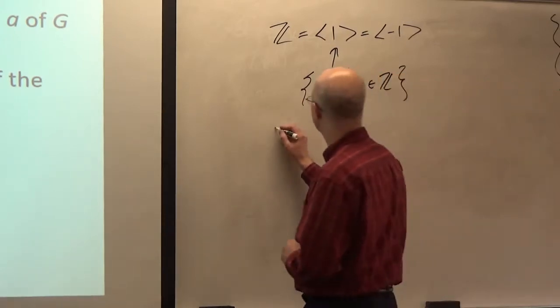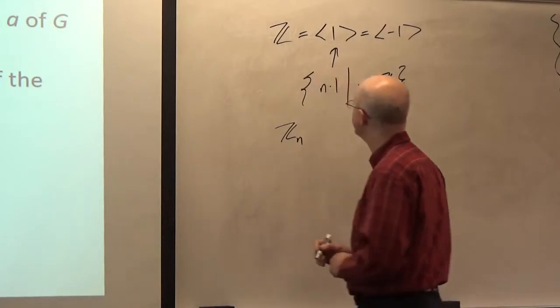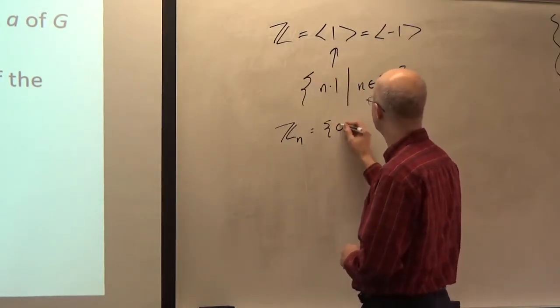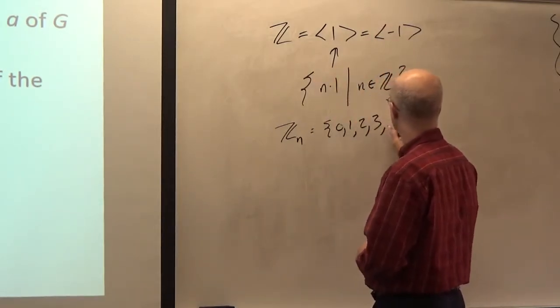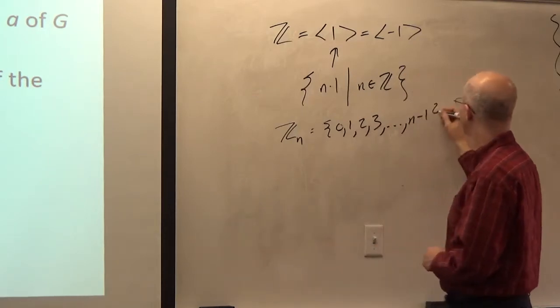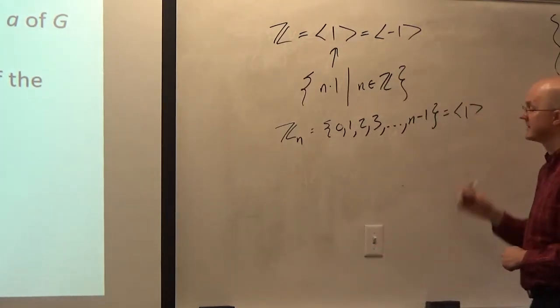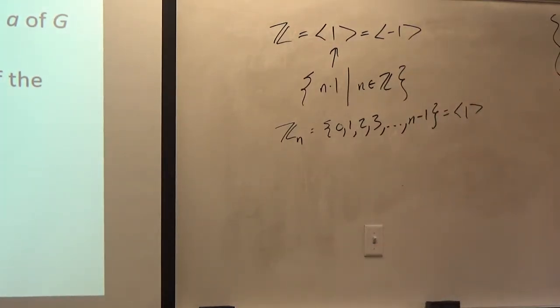Zn is a cyclic group. 1 is a generator, for example. And so is n minus 1. That's always a generator. Are there other generators? There could be, there might not be.